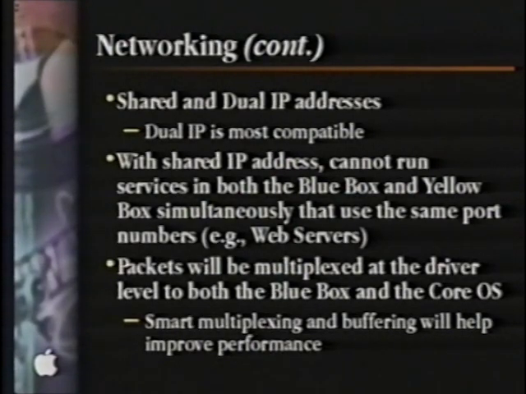So we're going to be supporting a shared IP address mode. And the restriction there is that we'll be arbitrating the port numbers for IP, which means that you can't run a file share or a web server inside of Blue and a web server inside of yellow, or an FTP site inside of Blue and an FTP site inside of yellow at the same time, because they both use well-known distinguished port numbers that we can't change for historical reasons.